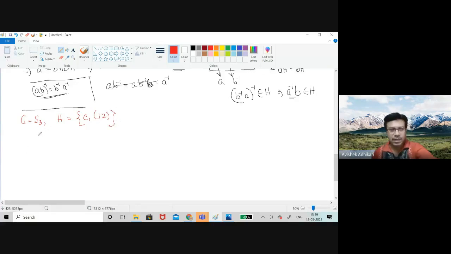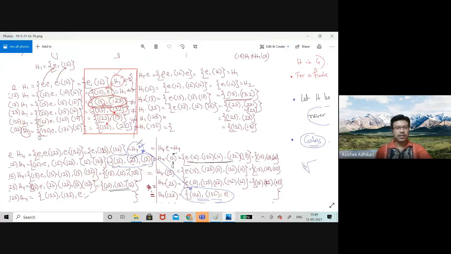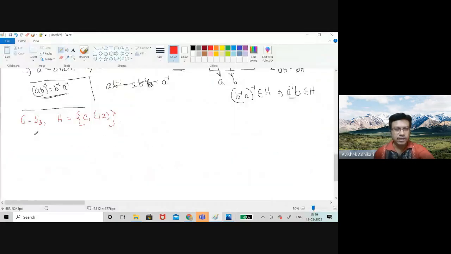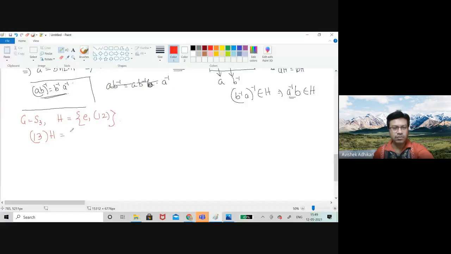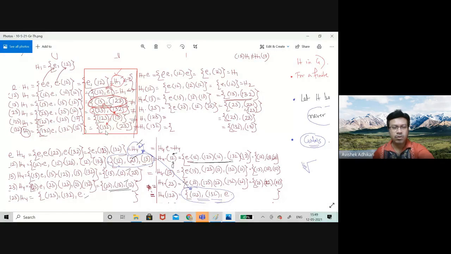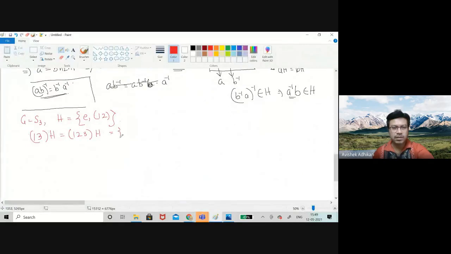In our last class, we have seen that (1 3)H is the same as (1 2 3)H. In both cases, they came as (1 3), (1 2 3).